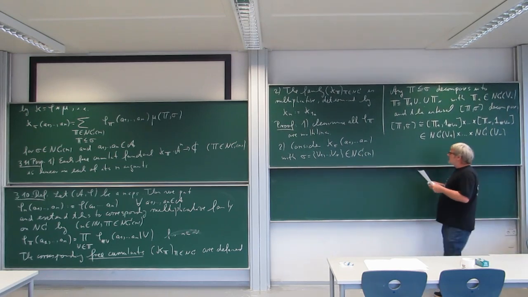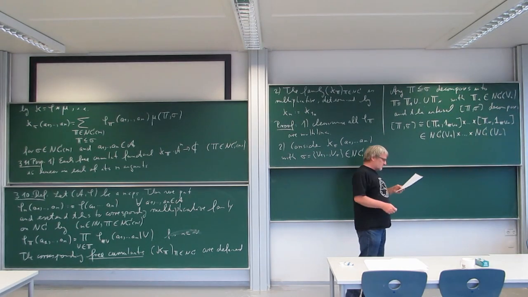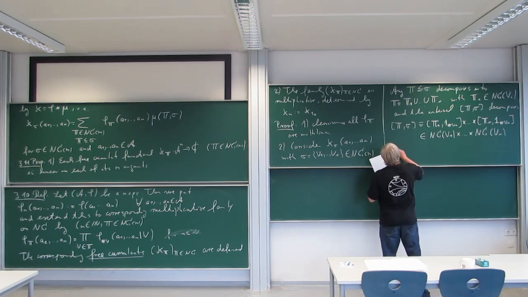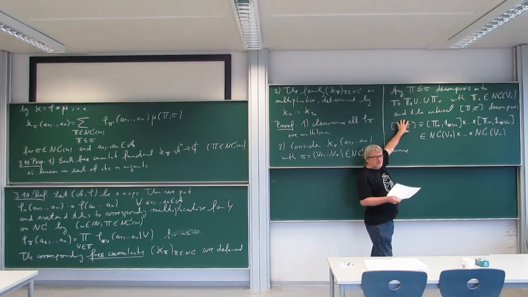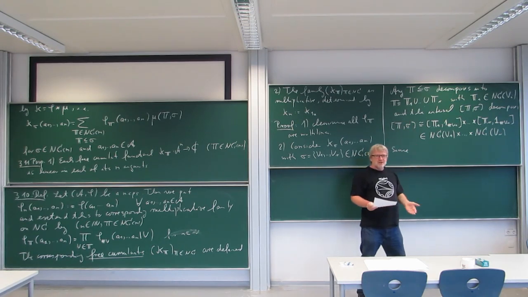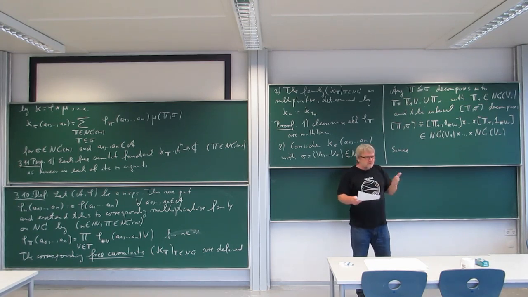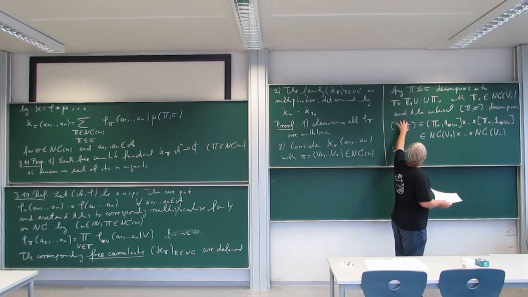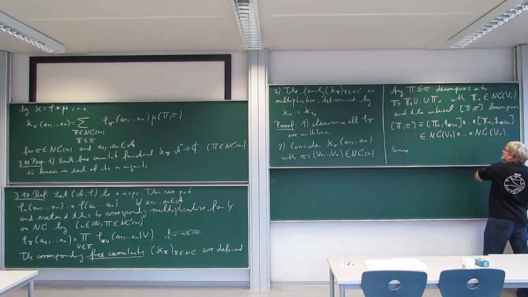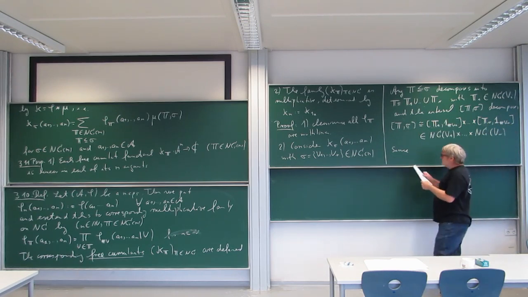But this means that we also get a corresponding factorization of the Möbius function, because the Möbius function only depends on the structure of this interval. That was also the recursive definition of the Möbius function. If I want to define the value of the Möbius function at pi and sigma, it only looks at information on elements which are in this interval. The rest of my poset doesn't play a role for this. So if I see that this interval actually has this nice form, then I get also a factorization of the Möbius function.